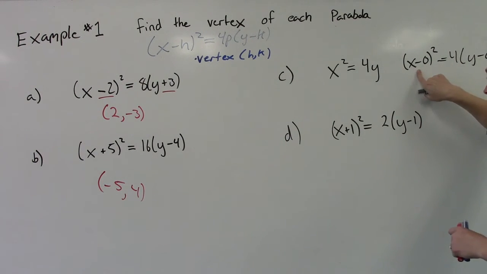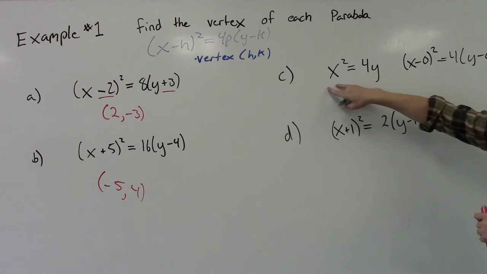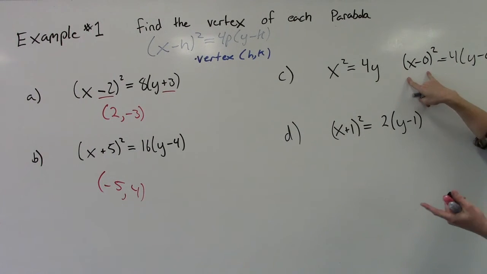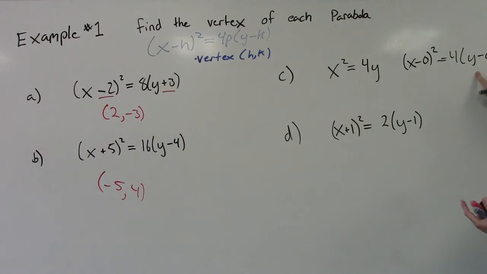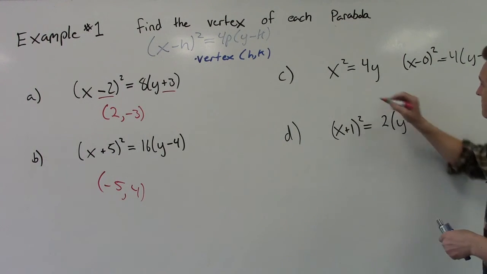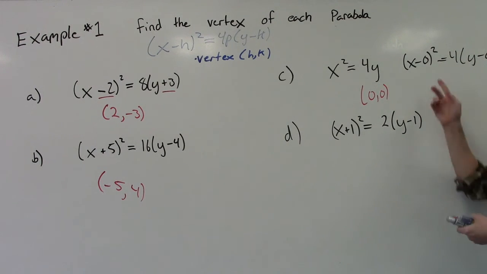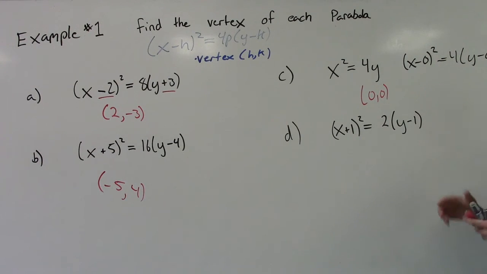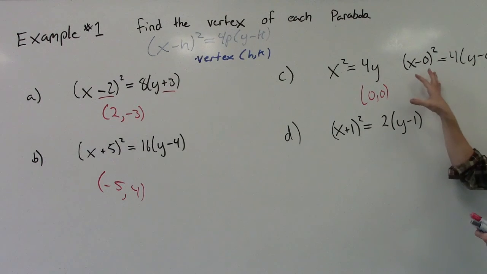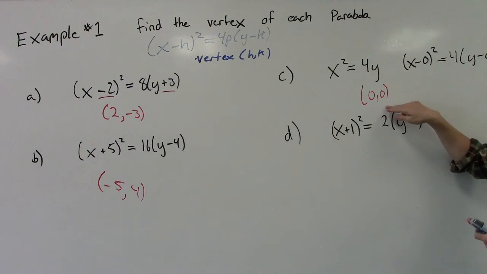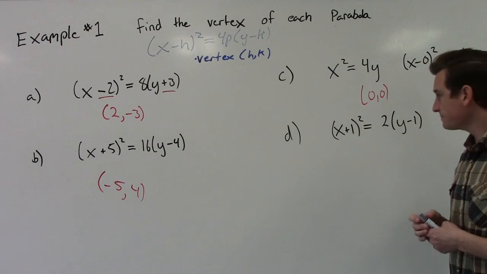Having that minus 0 doesn't really change the meaning. x squared and (x - 0) squared are the same thing. y or y minus 0, each of those are equivalent. So from here, my h is going to be 0, my k is also going to be 0. So this is an equation for a parabola where the vertex is at (0, 0).